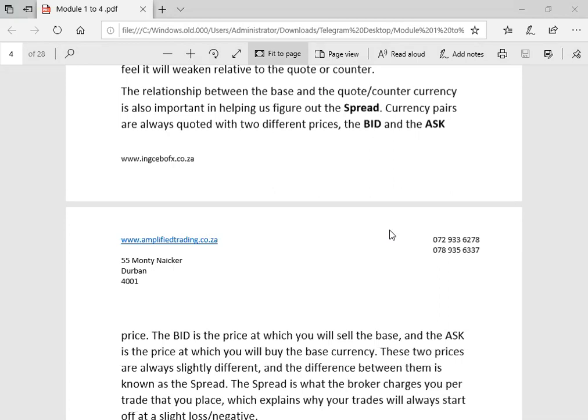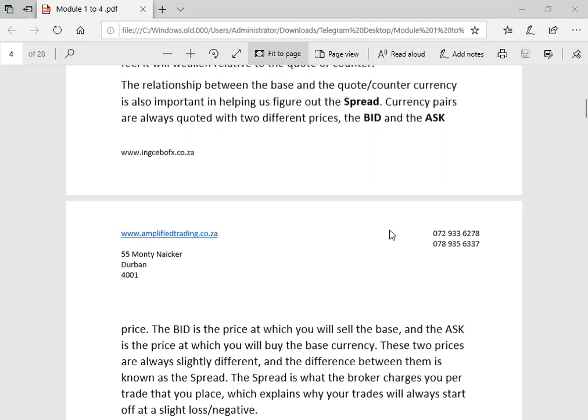Basically, they're incurring the risk of the currency either dropping significantly or rising significantly, so they deserve to get the spread.